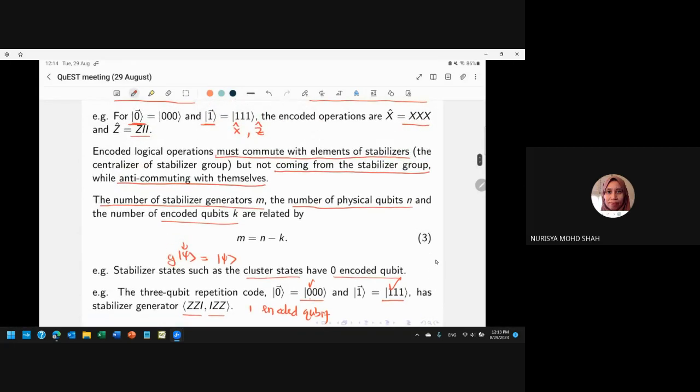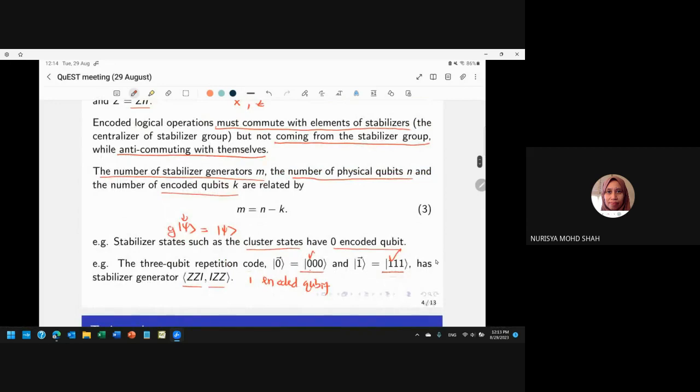So n minus m is 1. Sorry, n minus m is 1. You have 2 generators, and your n is 3, meaning that you only have one encoded qubit. Good, okay.